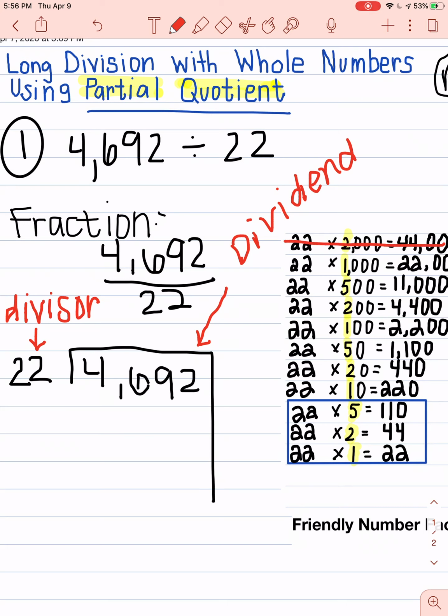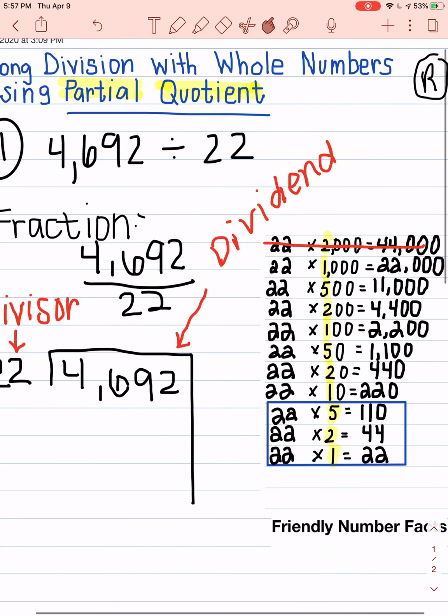So I'm going to cross it out. Okay, what about 22,000? Can I subtract 22,000 from 4,692? No. So then I'm going to cross that out. What about 11,000? Can I subtract 11,000? No. So I'm going to cross it out.